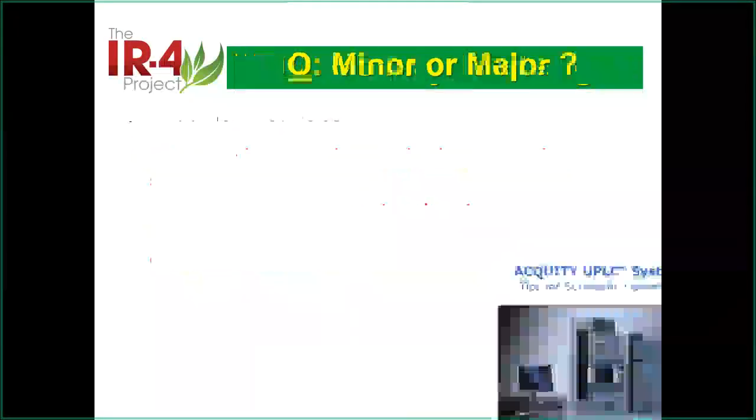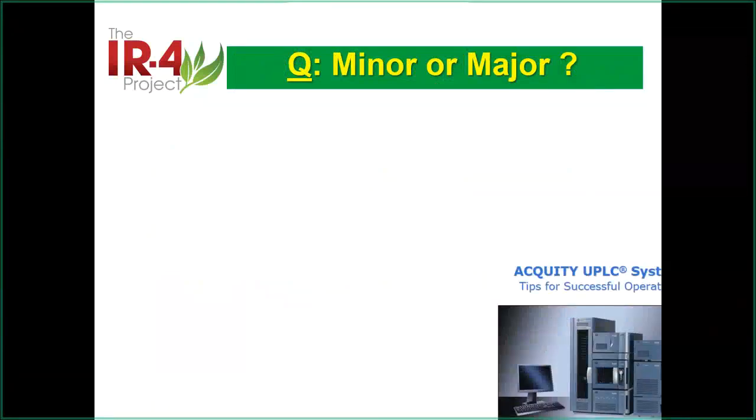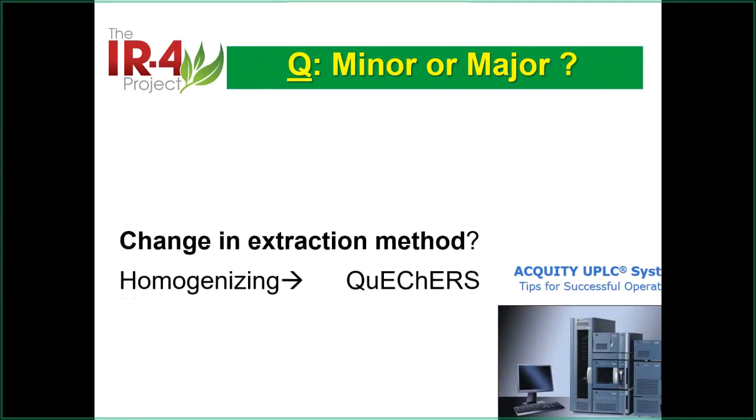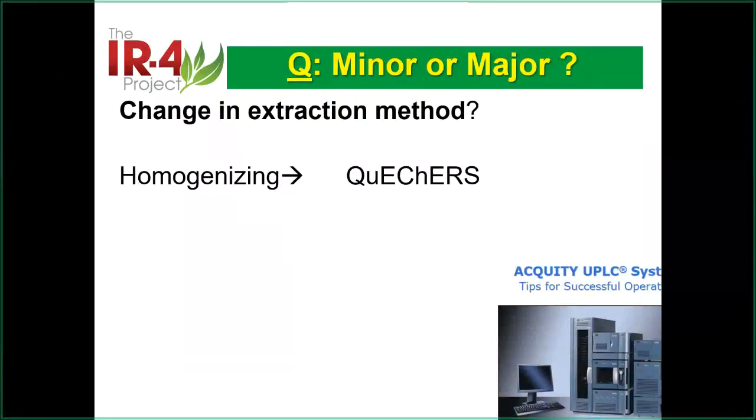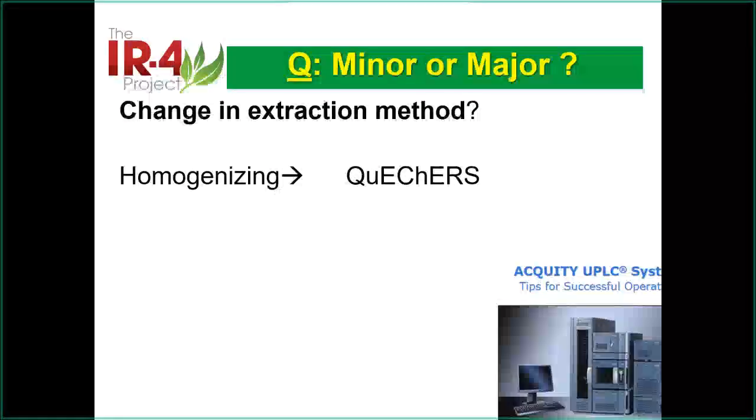Okay, so let's do a quick question here. Actually, several questions. We just mentioned if we change the extraction from homogenization, like tissue-mizing or high-speed blending, to QuEChERS, is this good or not good?